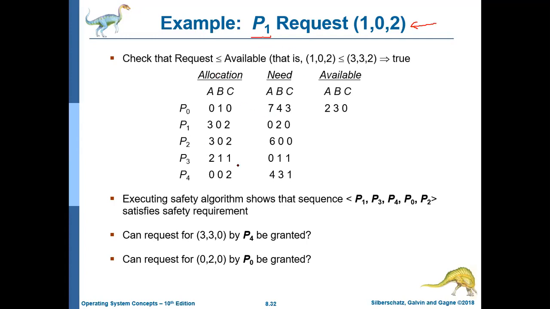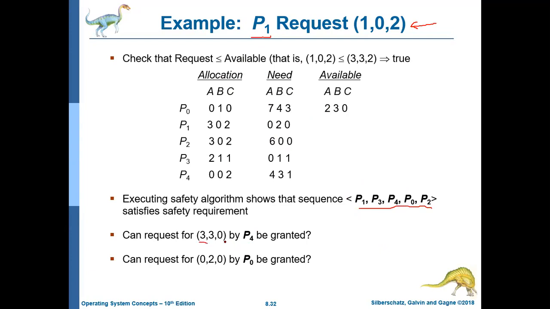So you need to again follow the safety algorithm here. Again, you need to find out a sequence. If you are able to find any sequence, then you can say it is a safe state, so you can allocate the resources to process P1. In the same way, we are having a few more numericals.